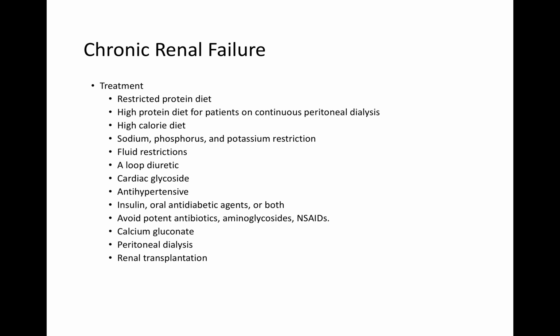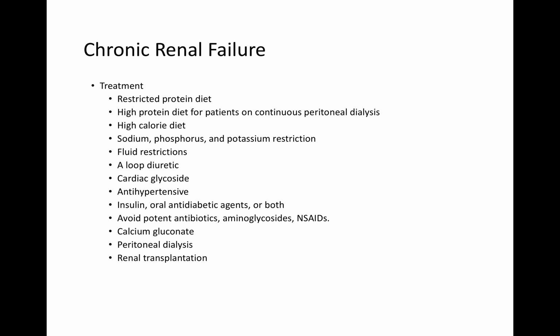Avoid aminoglycosides, that would be a potent antibiotic. And our NSAIDs can cause that inflammatory response, plus it'll promote bleeding. Calcium gluconate, we're going to treat them with. Peritoneal dialysis is they'll take it off the peritoneum. And then finally, if nothing else, renal transplant.